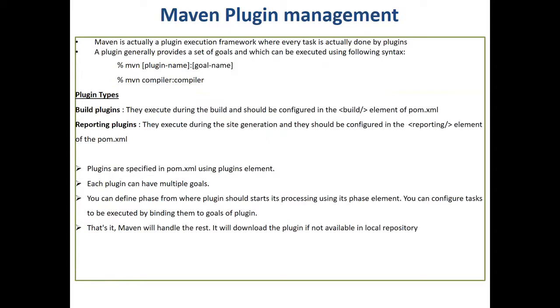Okay, so in Maven, it is all about running different kinds of plugins. If you don't tell anything, it will be using the default goal and the default plugin associated. But if you want to do anything additional, then you will specify the plugin through which you will be doing this additional task. Okay, so once again, Maven is all about plugin management.